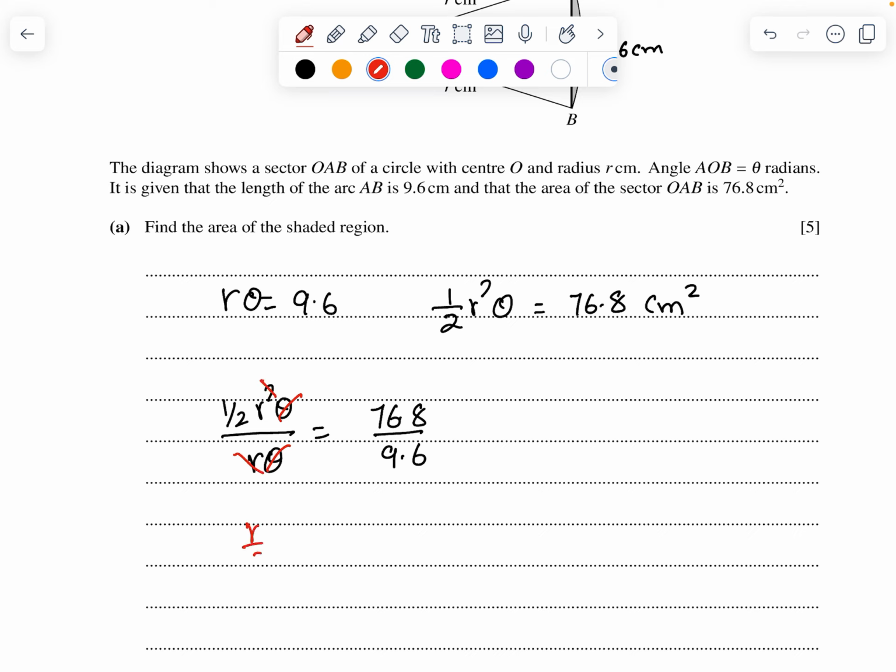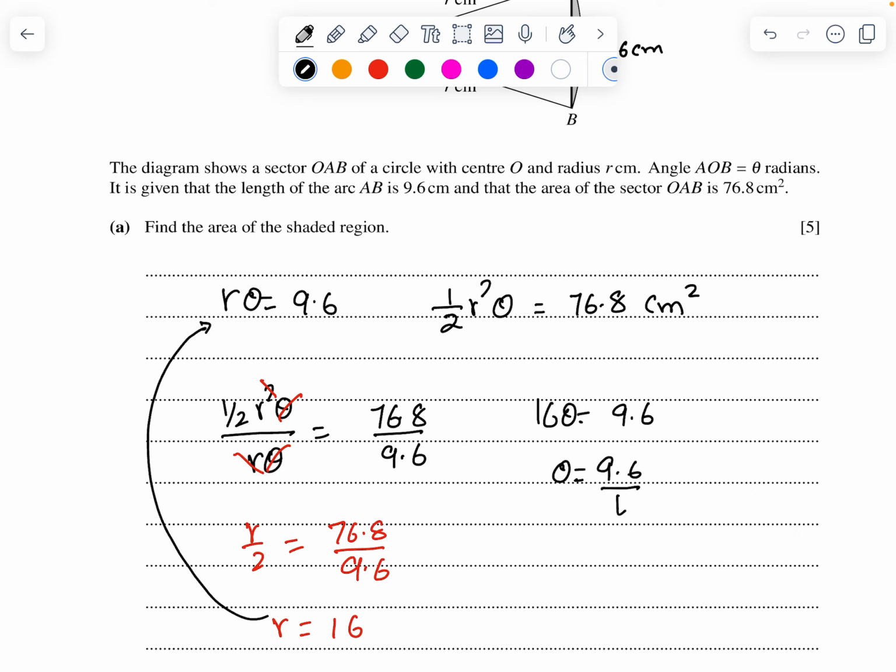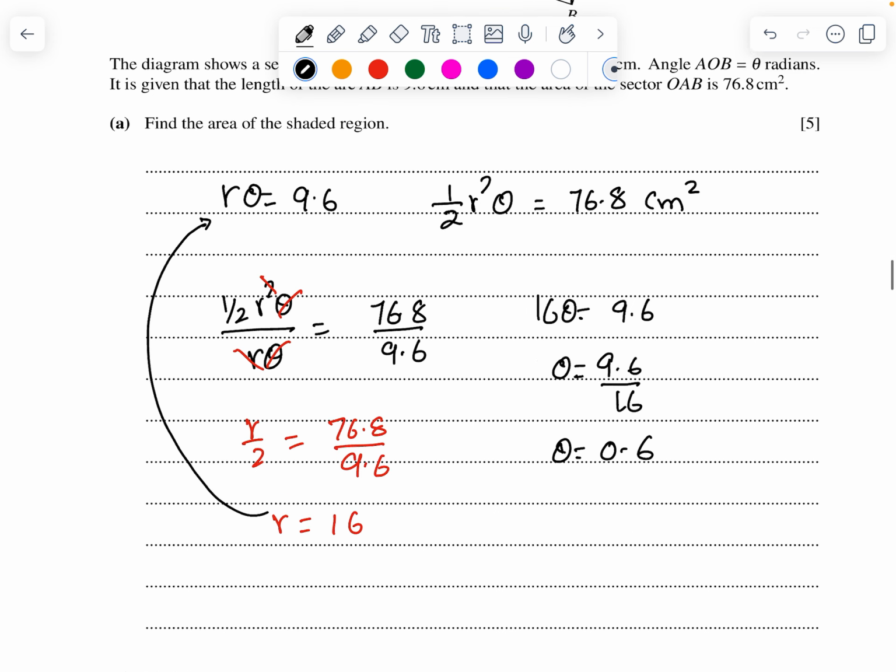So r upon 2 equals 76.8 divided by 9.6. From here, I'll be getting the value of r as 16. Now plug in this r value over here. So you'll be getting 16 theta equals 9.6. So theta equals 9.6 divided by 16. Theta equals 0.6.